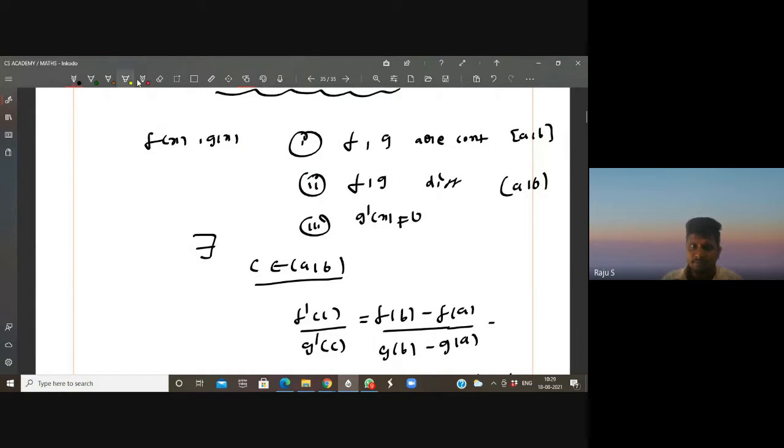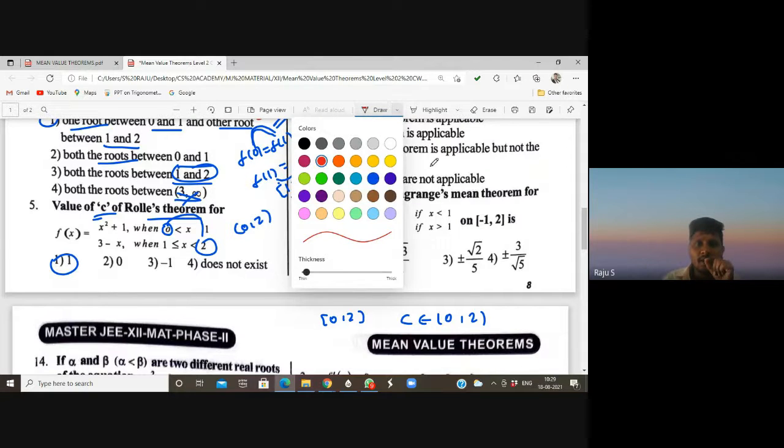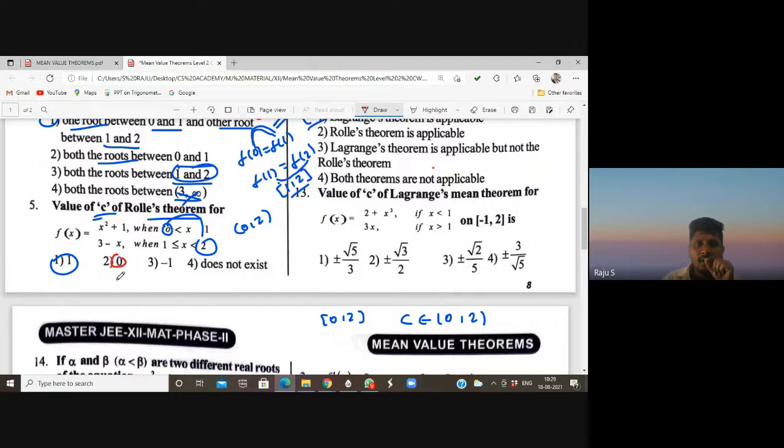Fine. In the question also, a very logical question. C belongs to the open interval 0 comma 2 or the closed interval, student? Open interval. In this open interval, is C equal to 0 possible?